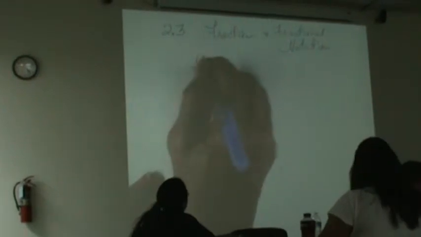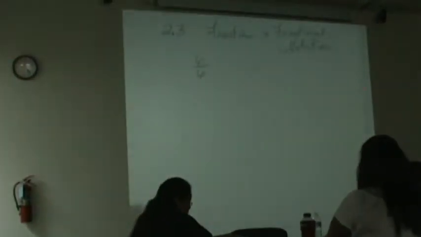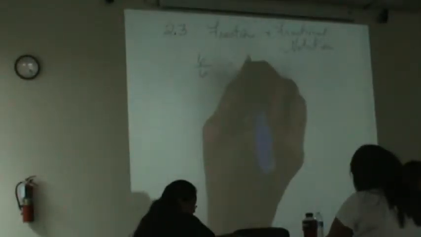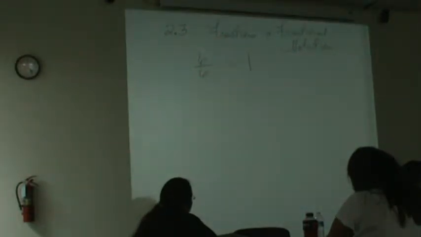Okay. Let me first tell you the rules. If you have a fraction where you have a number over itself, that is 1, right? So anything over itself is 1.